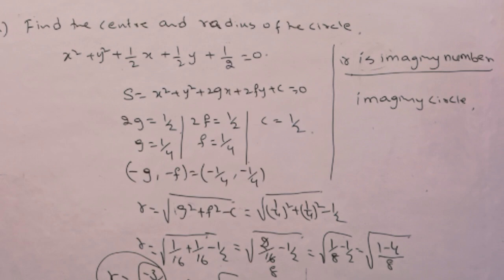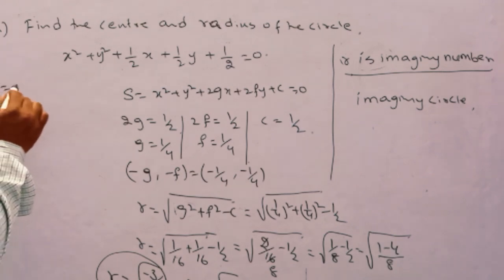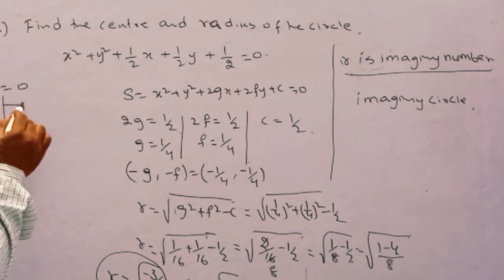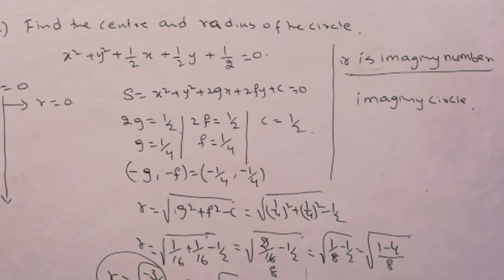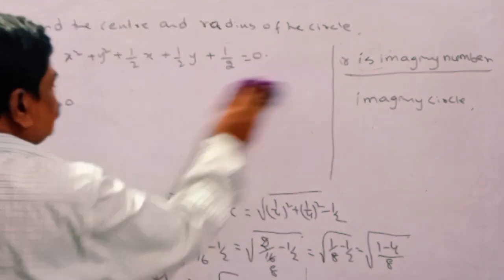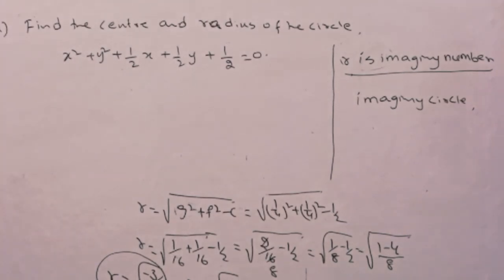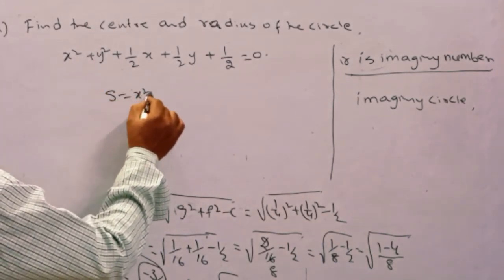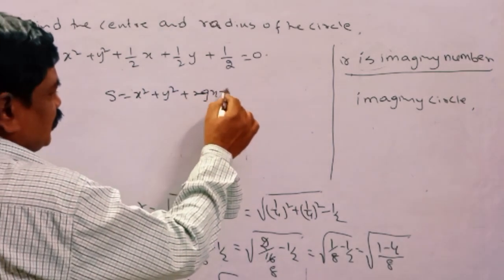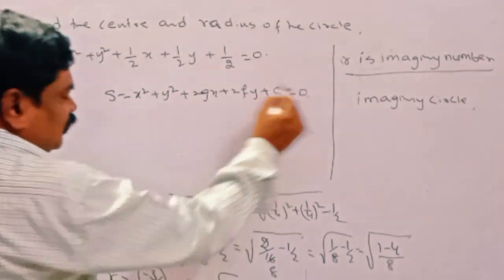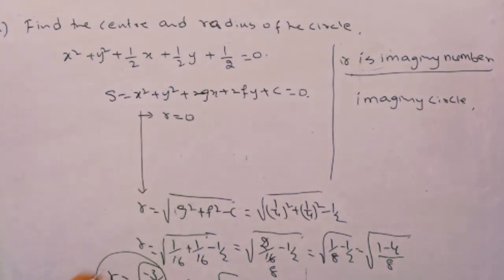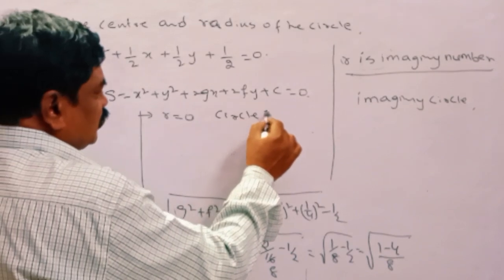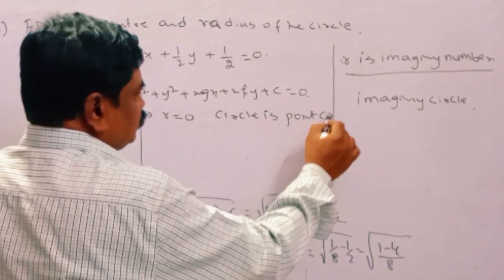So here, the circle equation S equal to 0. Here you see, all of you: if the circle equation S is equal to x square plus y square plus 2gx plus 2fy plus c equal to 0, then first, if r is equal to 0, the circle is a point circle.